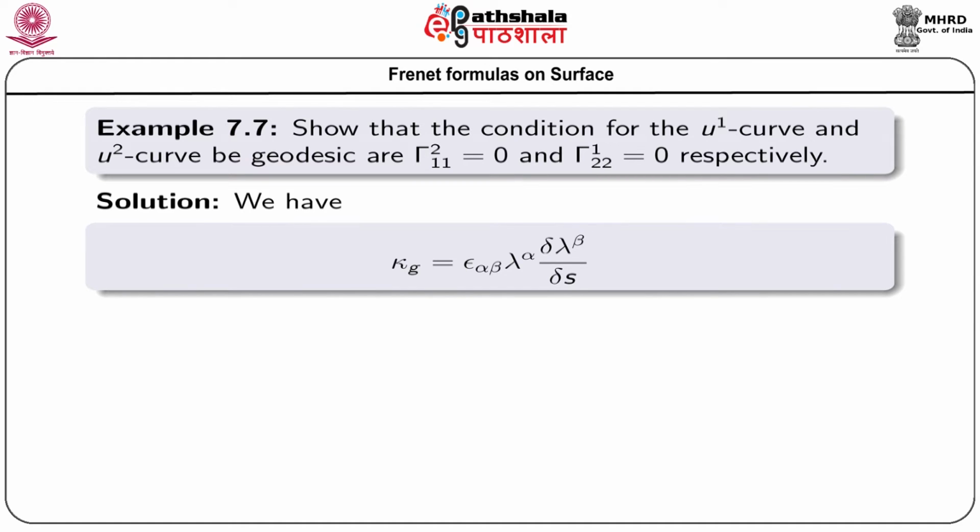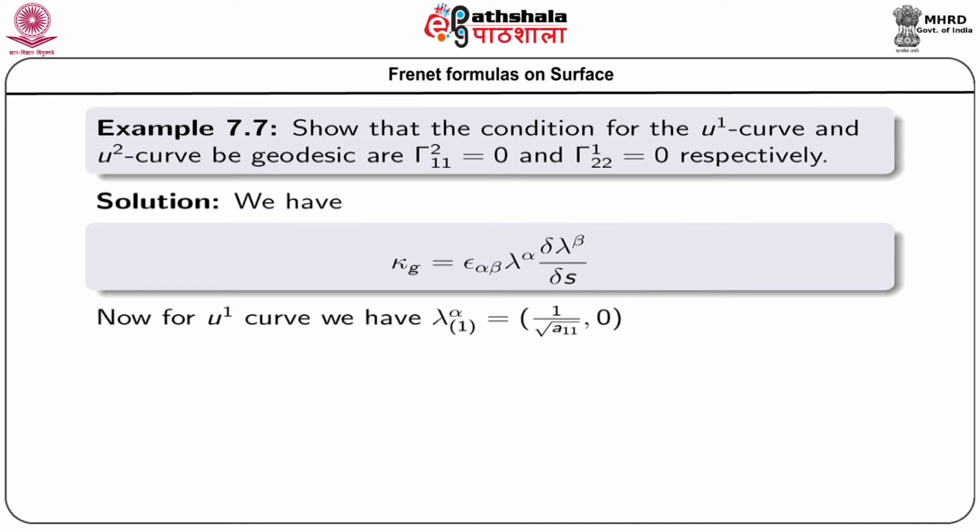Now, from the previous expression of the Frenet formula, we can easily find that kappa g equals epsilon alpha beta lambda alpha del lambda beta del s. Now, for the u1 curve, we have lambda alpha equals 1 by root a 1 1, 0.